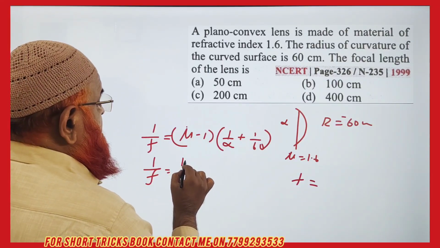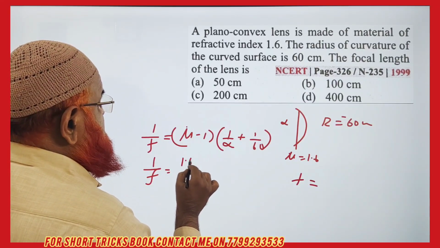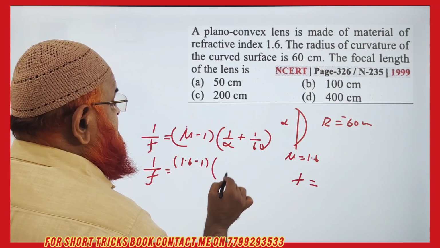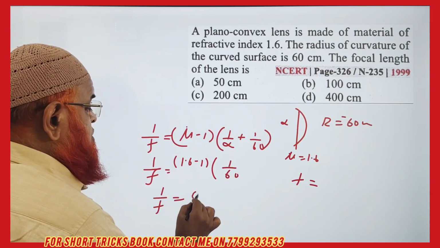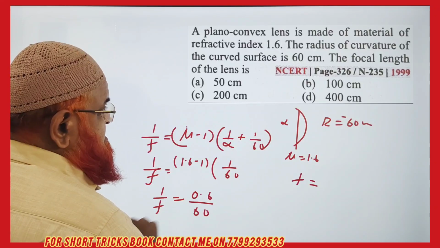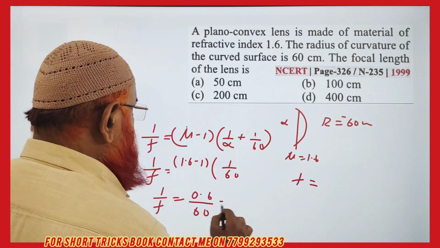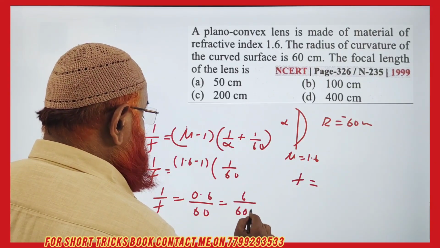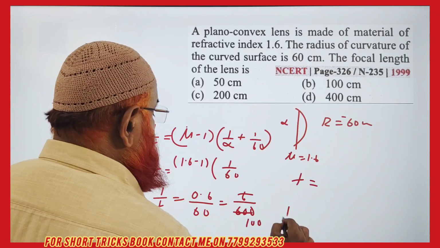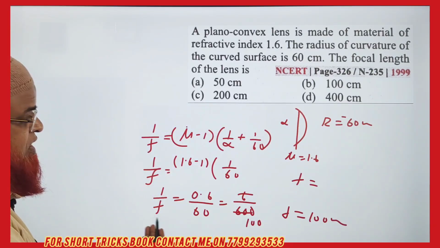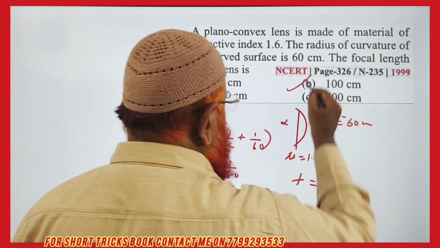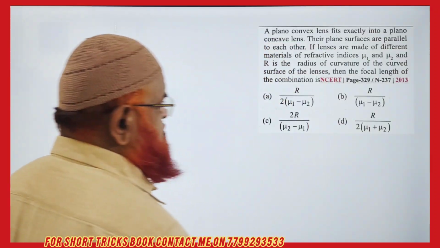Mu minus 1 means 1.6 minus 1 is 0.6. So 1 by f is equal to 0.6 by 60, which is nothing but 6 by 600, which is 1 by 100. So the focal length is how much? 100 centimeters.